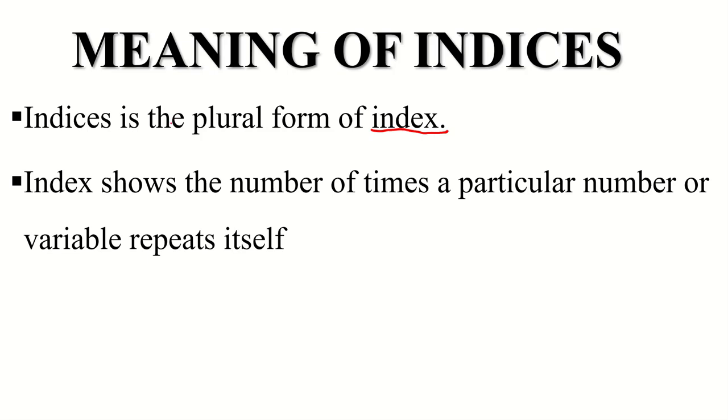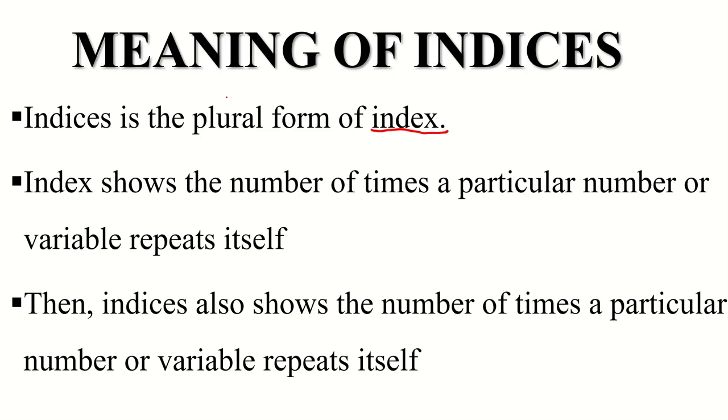Practically, when we talk of index, it's communicating to us the number of times a variable or a particular number repeats itself. Indices also shows the number of times a particular number or variable repeats itself, because indices is the plural form of index.